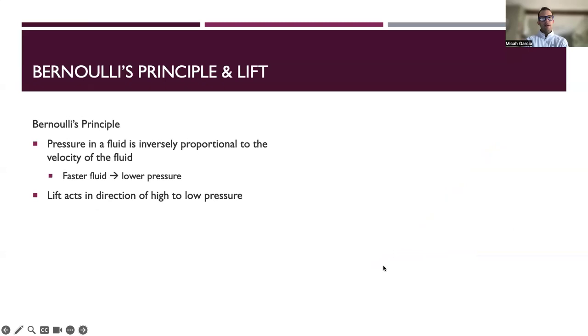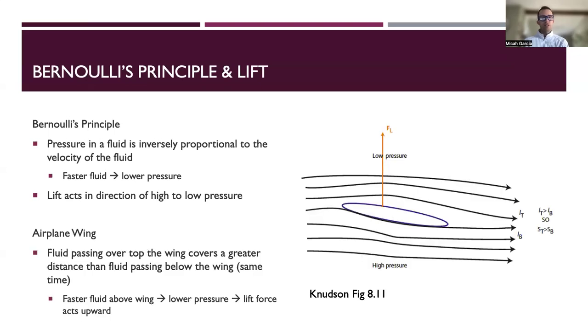Bernoulli's principle plays a role in lift. And so Bernoulli's principle says that pressure in a fluid is inversely proportional to the velocity of the fluid. So the faster the fluid's moving, the lower the pressure. What ends up happening here is that the lift acts in the direction from high to low pressure. So when you think about an airplane wing, the fluid passing over top of the airplane wing is going to cover a greater distance than the fluid passing below the wing.